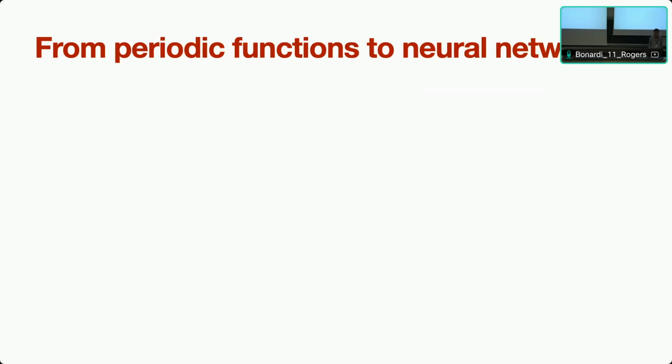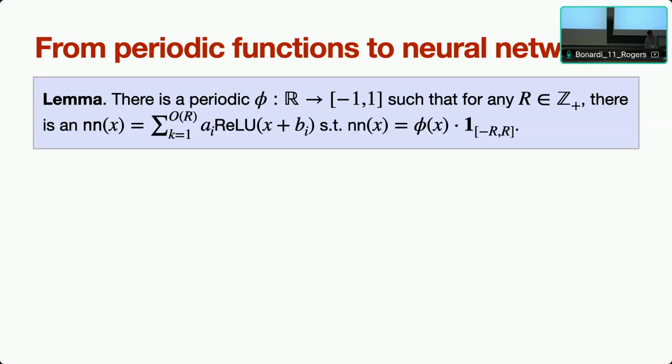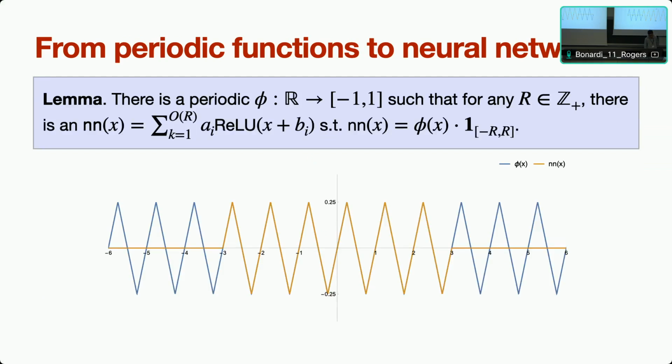And if we know that learning periodic functions is hard, then it basically only remains to construct a hard neural network that looks periodic. It turns out that we can find a periodic function phi, and also we can construct a neural network that coincides with this phi over some bounded interval. So let me give you a figure here.